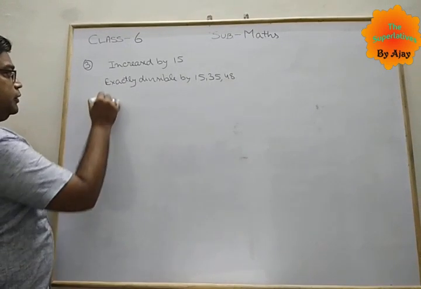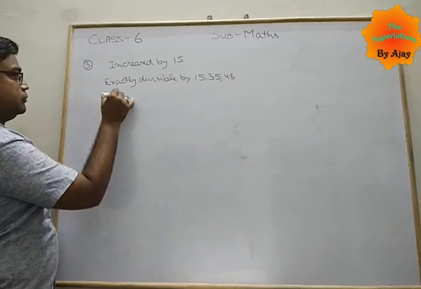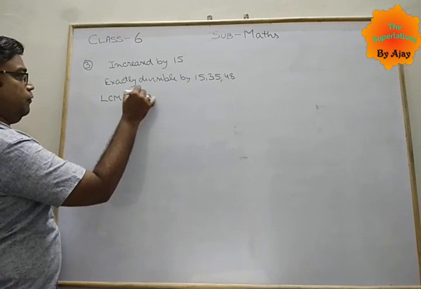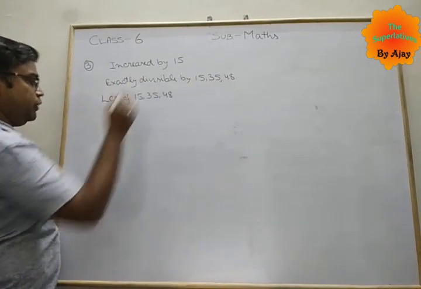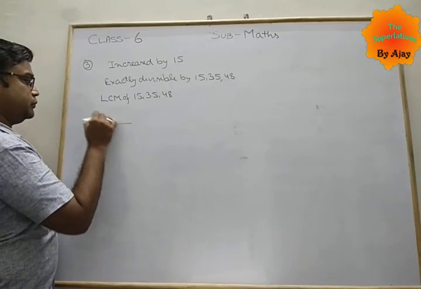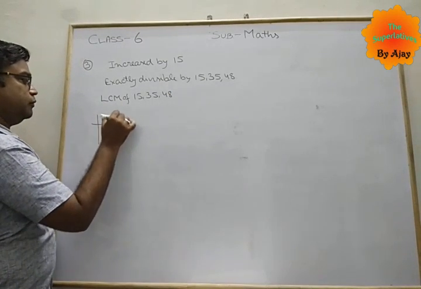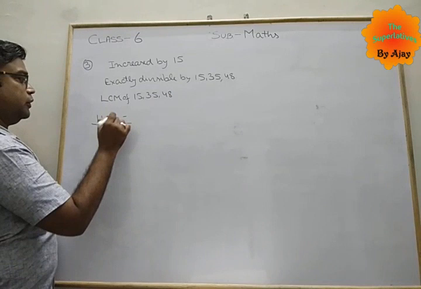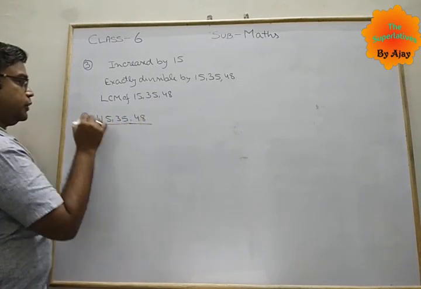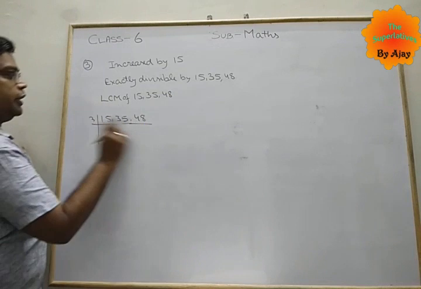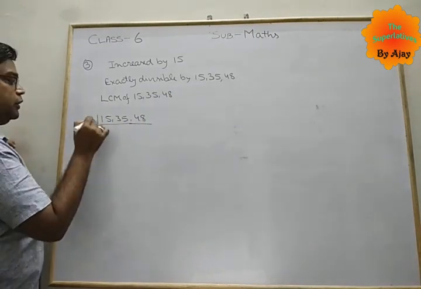15, 35 and 48. There is no common number for all, so 3 and 5 are not common, and 3 ones are 3, 3 sixteens are 48. Then 5 we have common: 5 ones are 5, 5 sevens are 35, and then 16.